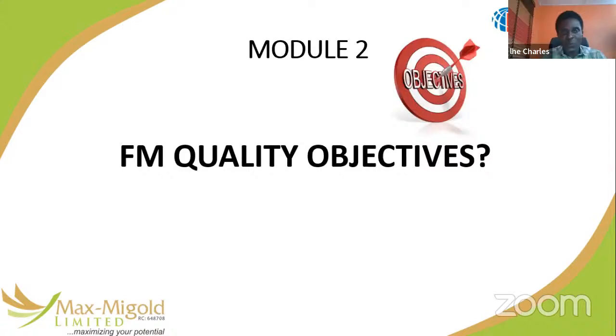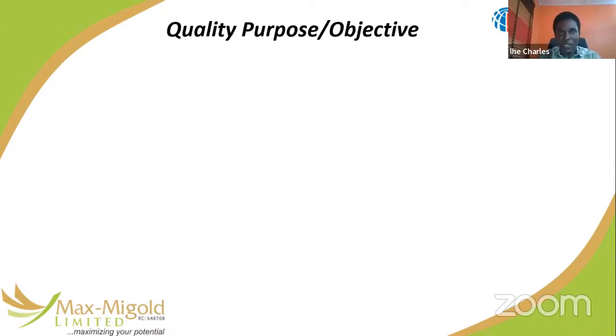All right, what is quality objective to an FM? Quality objective to an FM is getting things right the first time. Now, I will tell you that if you are in a kind of service contract where you provide service to clients, maybe repairs and everything, what clients don't want to hear is rework, repeat work.